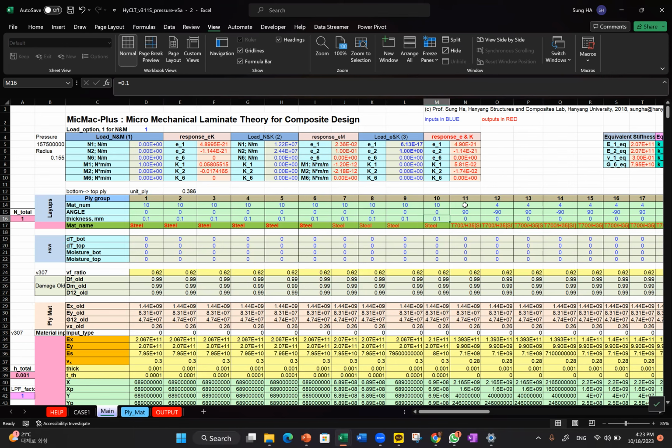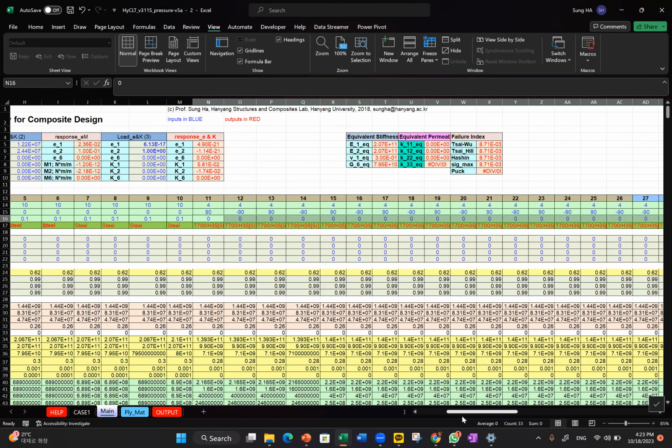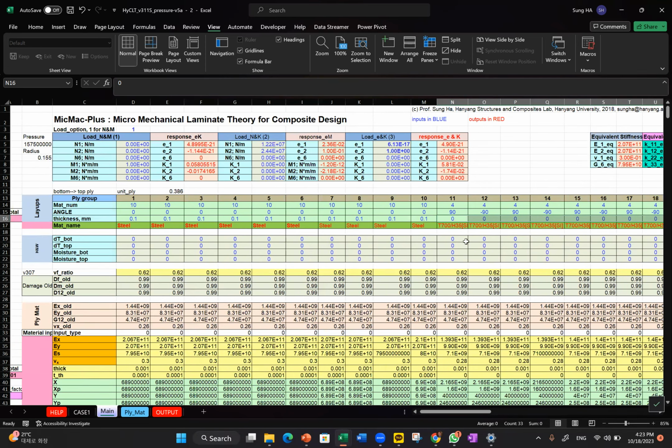Now, again, I'd like to remind you that since we enter all zero, zero means that we don't have any layers. We only have 10 layers, and each one is 0.1. Now, let's say we are layering composites.